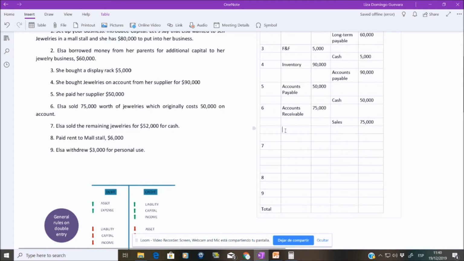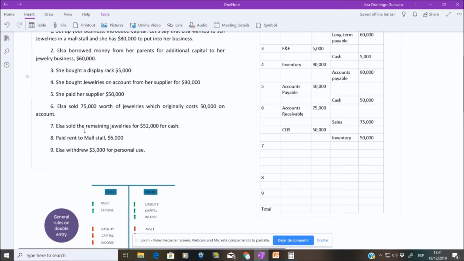Next, we'll record the transfer of the inventory to cost of sales. So we'll debit cost of sales of 50,000 and credit inventory 50,000.